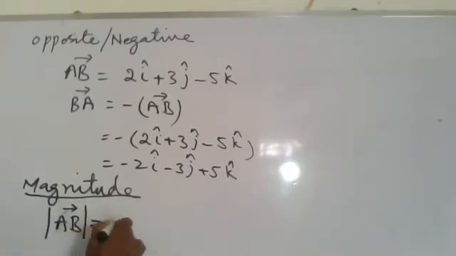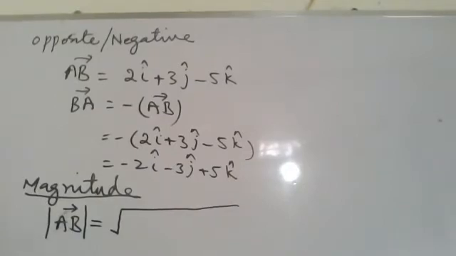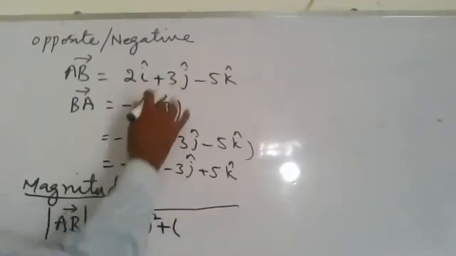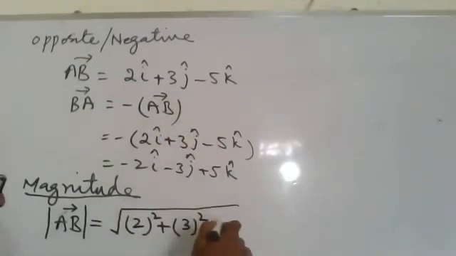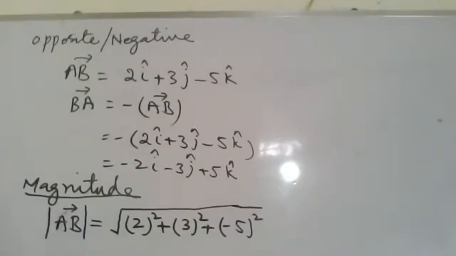So that will be equal to root of the square of the x component, that is the square of 2, plus the square of the y component, plus the square of the z component, minus 5 squared. The square of the i component plus the square of the j component plus the square of the k component, all added.